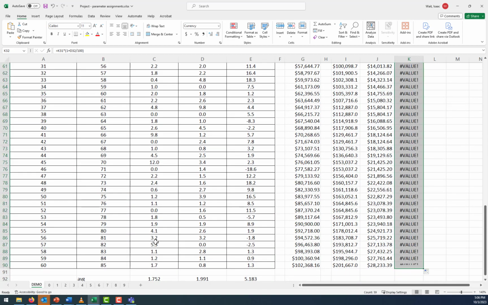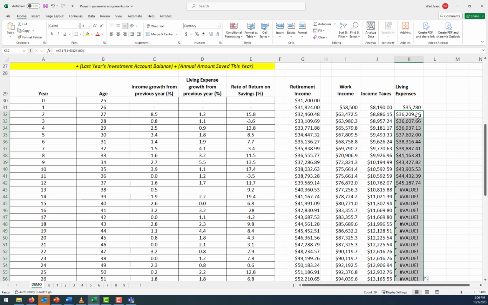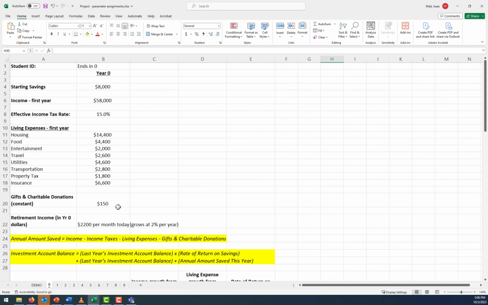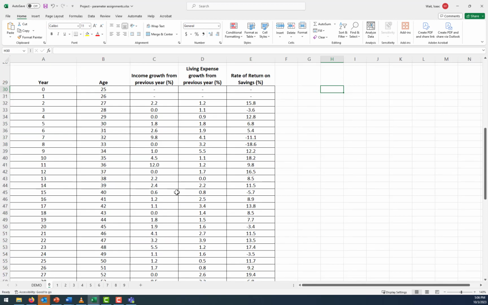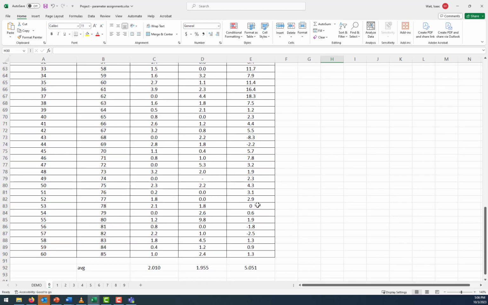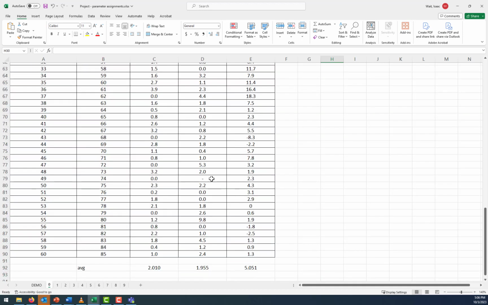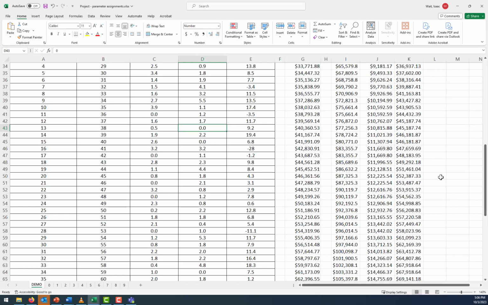And some years the living expenses grow a lot, some years they grow a little. Looks like I need to make an adjustment here. Where it has the dash mark, what I mean by that is 0, so they don't grow at all. So if your data has the tick mark somewhere in the data table itself, like here's one, change that to 0.